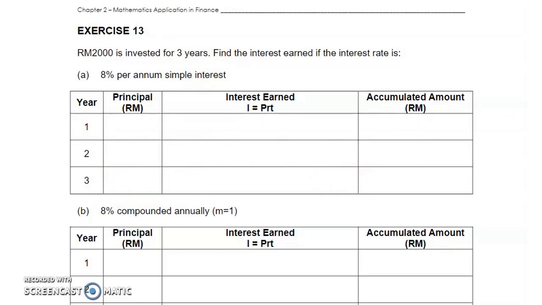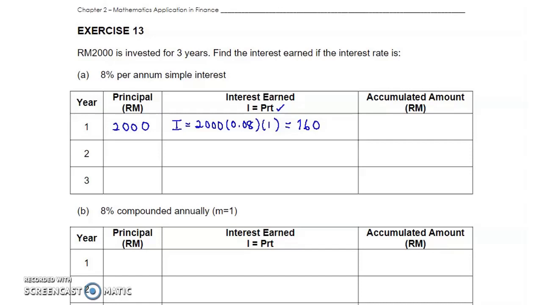If simple interest, our principal is 2000 ringgit. How do we calculate interest? I equals to PRT, principal 2000, rate 8%, T equal to 1, year 1. This one we calculate year by year. So we will get 160 ringgit.